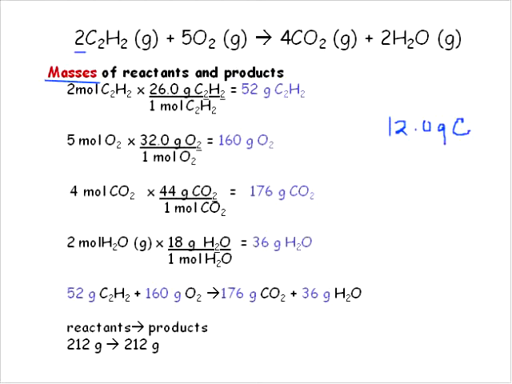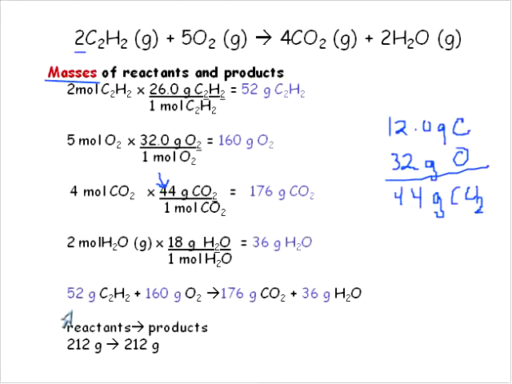Oxygen is 16, so that would be 32 grams of oxygen, and so we would have 44 grams of CO2, and that would be this number right here, 44. And water, again, we get the 18: oxygen 16 plus 2 grams of hydrogen, and so that'd be 18.